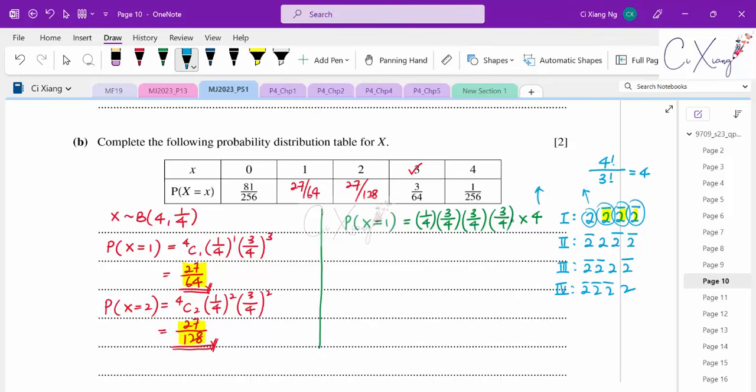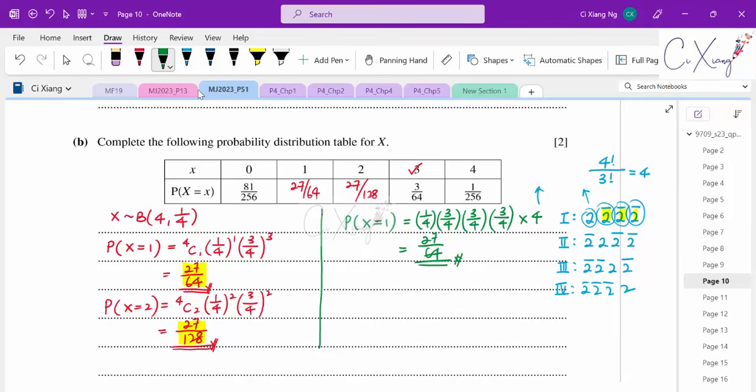That's why the 4 actually comes from the idea that we're trying to arrange 4 items where 3 of them are identical. To me, this is more accurate. Of course, you can just multiply with 4, but the 4 actually comes from the number of permutations of the 4 items. Then again, when you calculate all the probabilities here, you should get the same answer, 27 over 64.